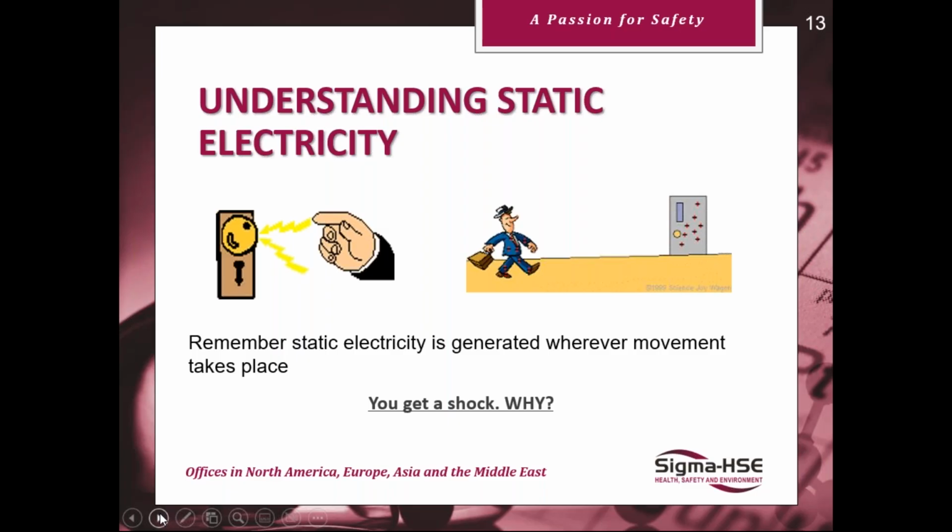In the car, you're moving, your clothing rubs against the seat, and all the time you're generating electrostatic charge. When you get out of the car, you don't touch earth as you leave. You just push the door open, get out, and then push on the glass maybe or on the metal door to close it.